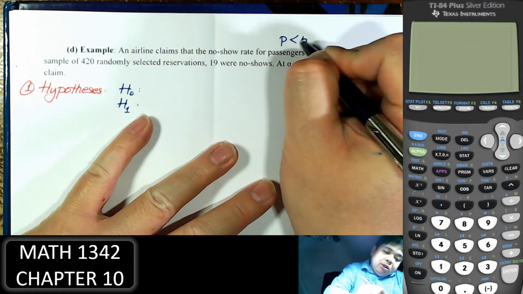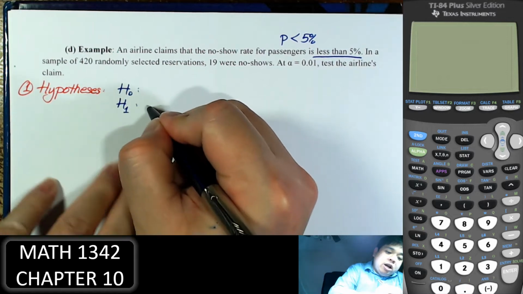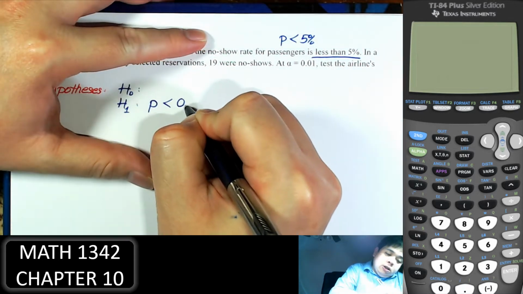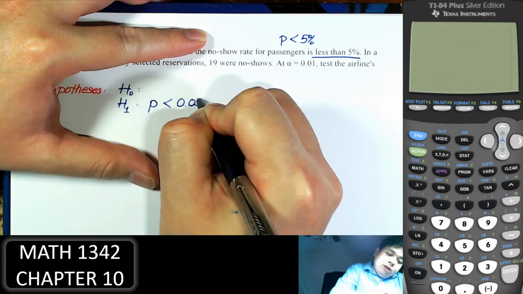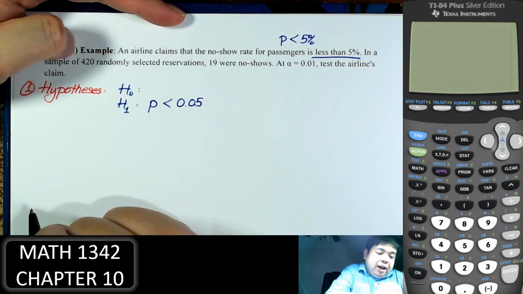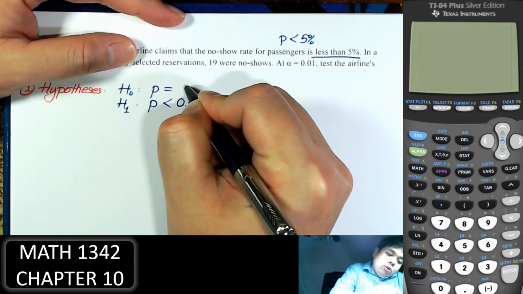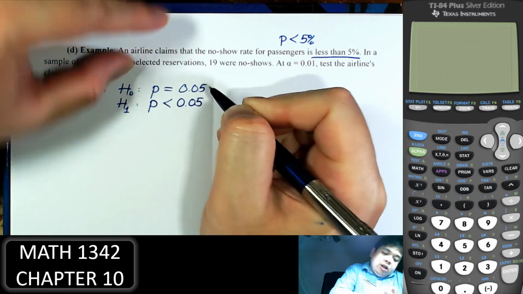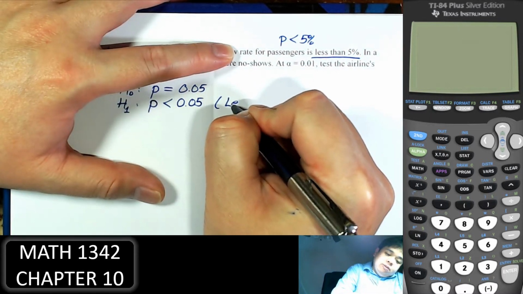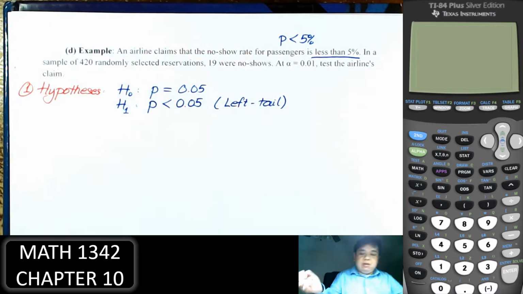It's less than 5%. Right? It doesn't have the equal sign, so it has to be H1. The null hypothesis is always equal to 5%. This one is less than, so this is a left tail problem. So that's what we have first.